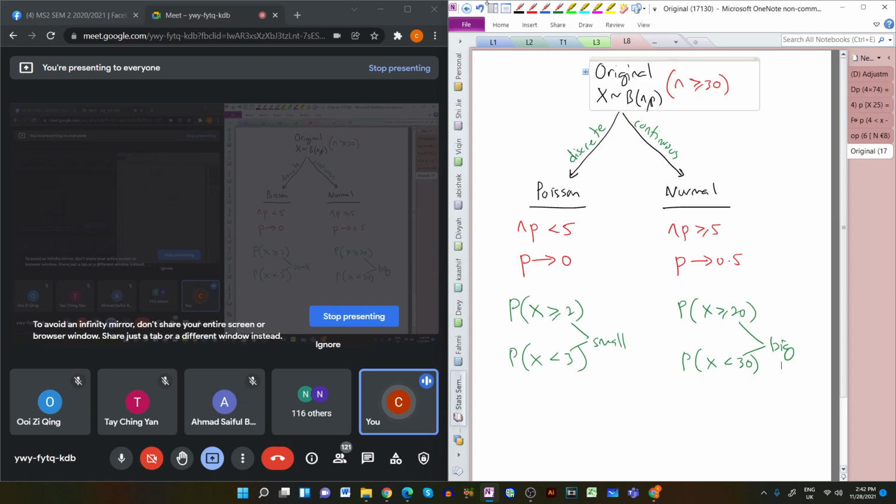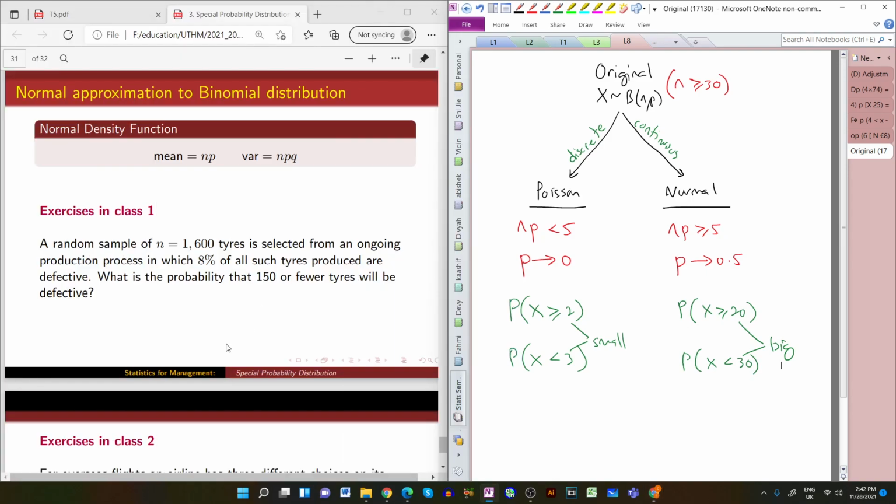Now let us go to the first question. Please read it yourself. Exercise in class 1.